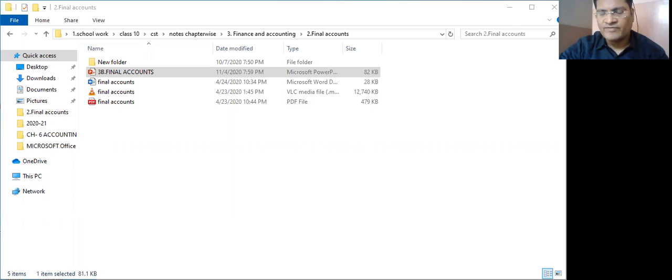Then there was rent received of rupees 300, non-operating income 500, and abnormal gain of 600. Then we have capital account, which is the balancing figure we will get after writing all the expenses.